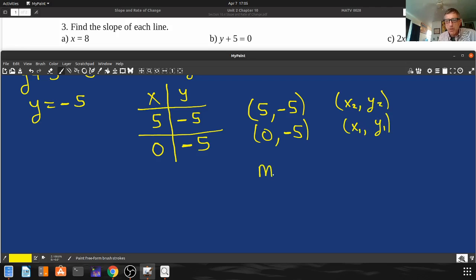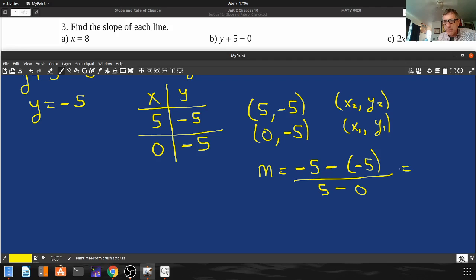So my slope is y2 minus y1. So that's minus 5 minus, remember the minus is inherent, and this being negative has to bring its own negative along. And then x2, which is 5, minus x1, which is 0.